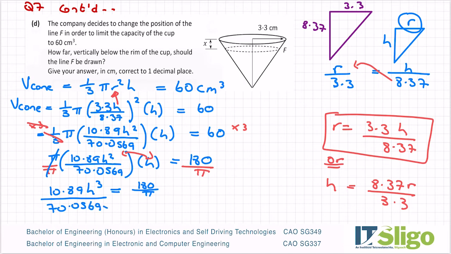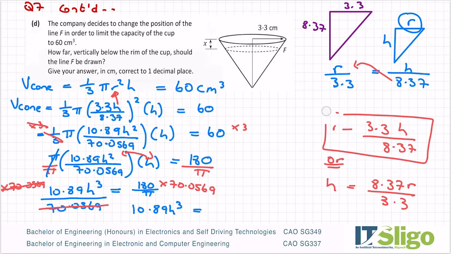Okay, so now I'm going to bring him up that side. I suppose to explain what I'm doing, I'm going to multiply by 70.0569 on both sides so that it cancels, so that I have 10.89 h cubed being equal to 180 over pi, multiplied by 70.0569.